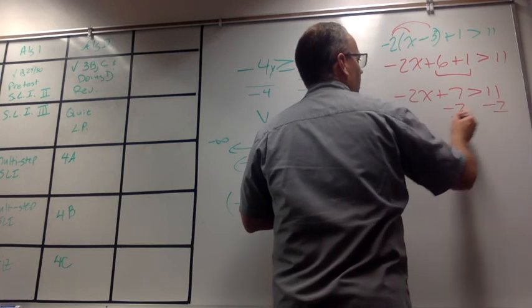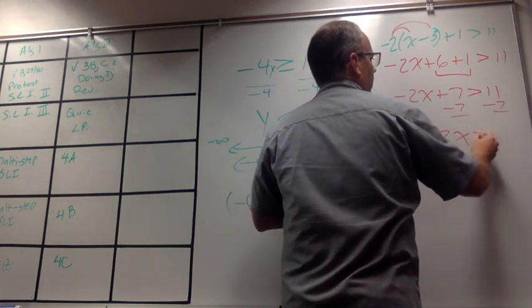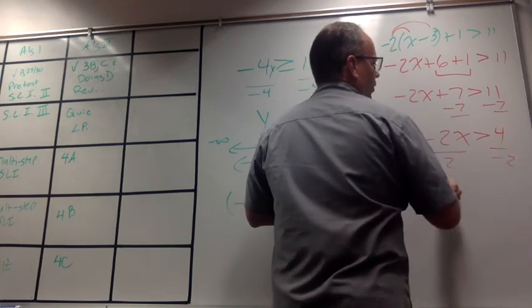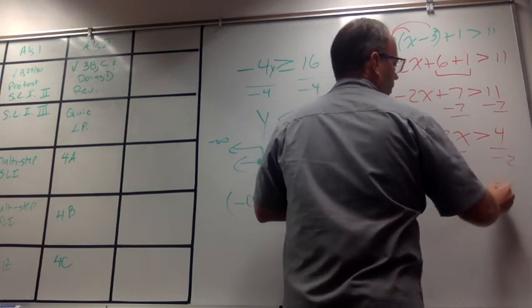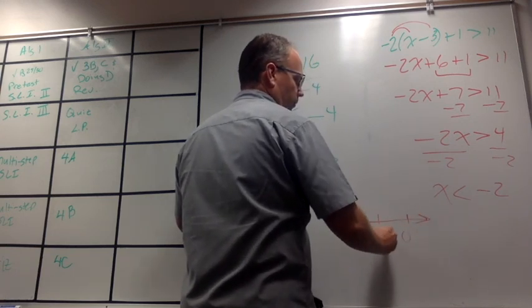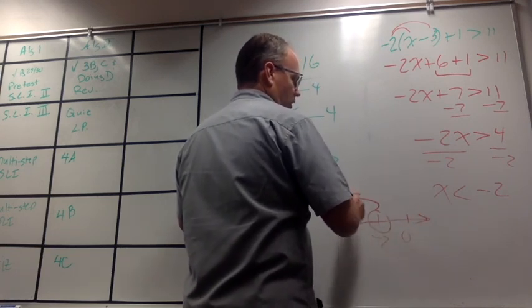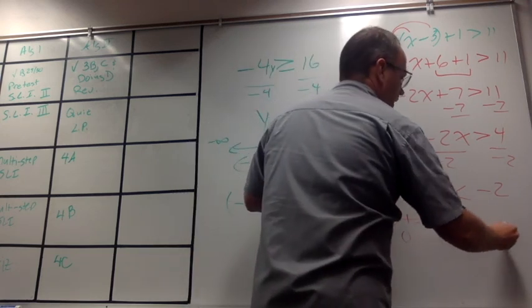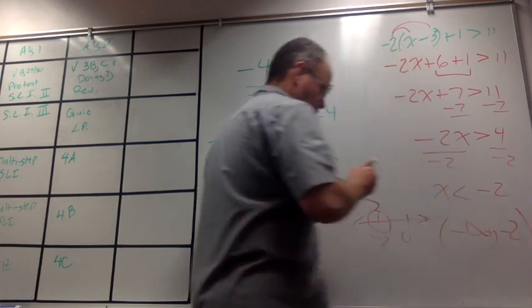I get negative 2x is greater than 4. Divide by negative 2, so the sign flips over. On a number line, this is an open dot, shading this way, going to negative infinity. Interval notation goes from negative infinity to negative 2, rounded bracket.